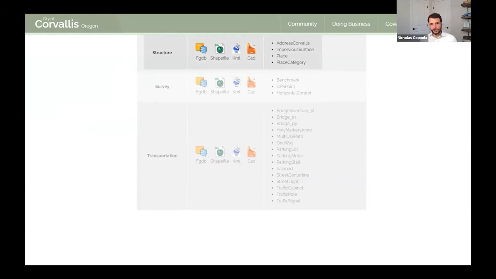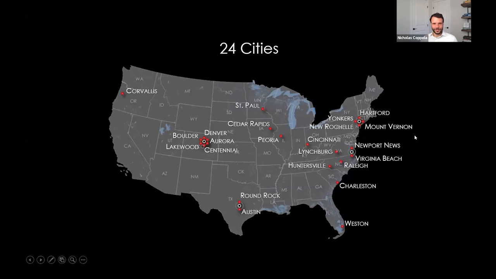So here under the structure grouping of data is impervious surface for Corvallis, Oregon, and that is actually where their sidewalk data is located. So it was definitely not a straightforward method for us to try to identify who had sidewalk data across the United States.